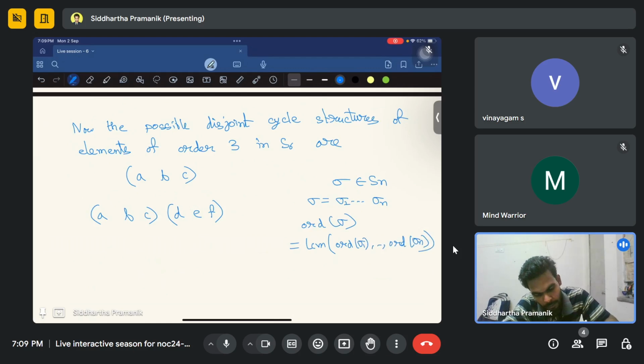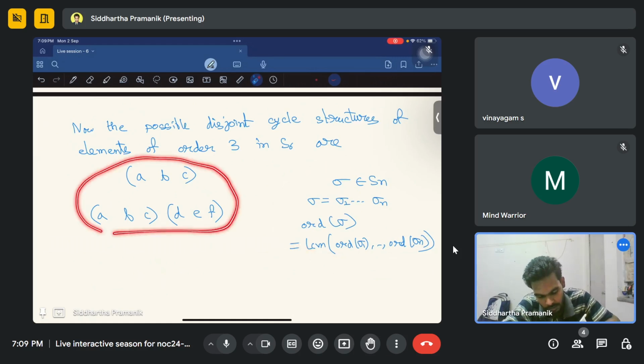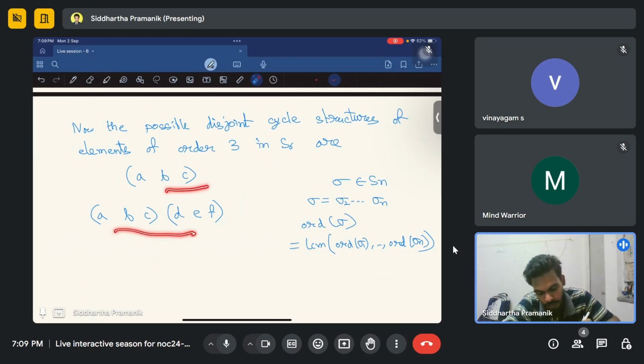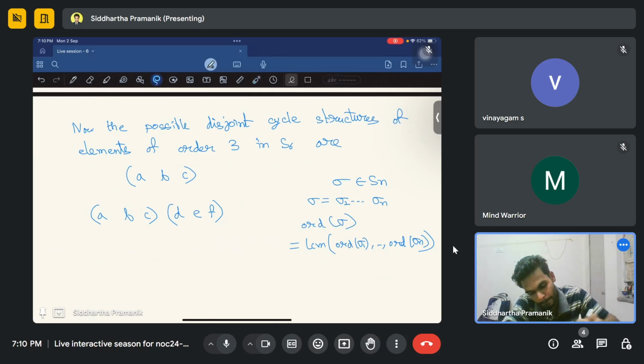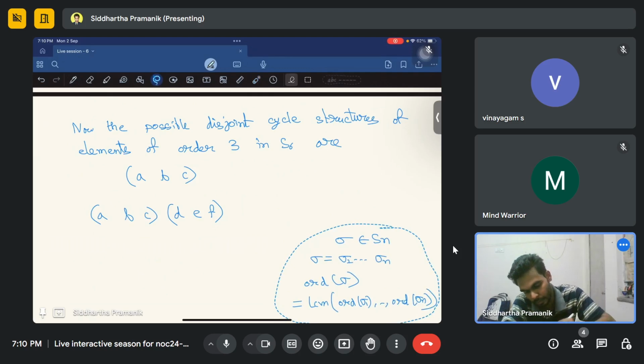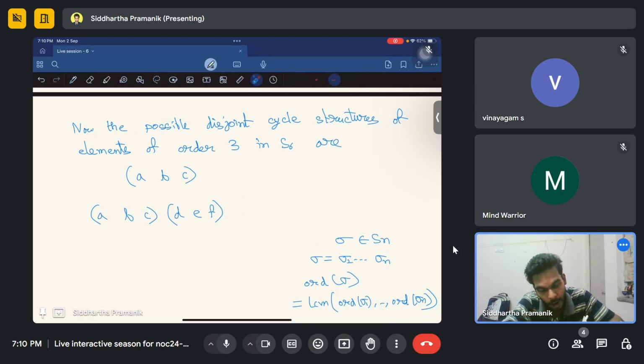So we are basically using this result to find the possible cycle structures. So this element has order 3 and this element also has order 3. So we need to find how many elements are there of this form and also how many of this form.